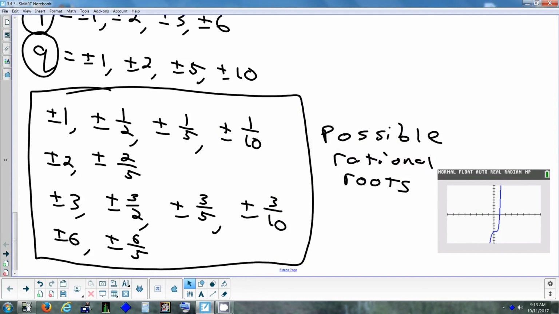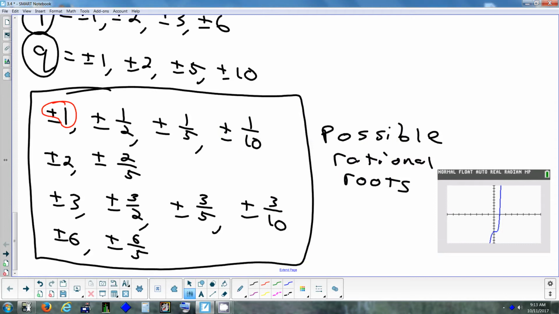Out of all the roots that we listed as possibilities, is there anyone here that stands out that it looks like it could be? Yeah? Plus 1. Yeah, I would agree with +1. That's a good candidate that it could be.